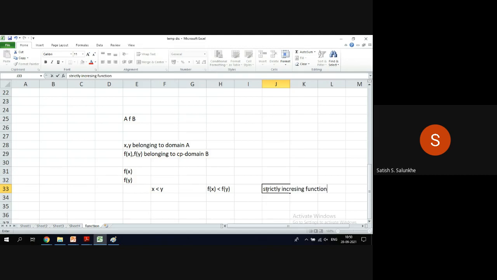And when x is less than y, if you do get f of x greater than f of y, always, then you say it is strictly decreasing function.